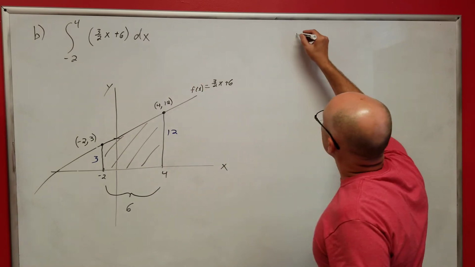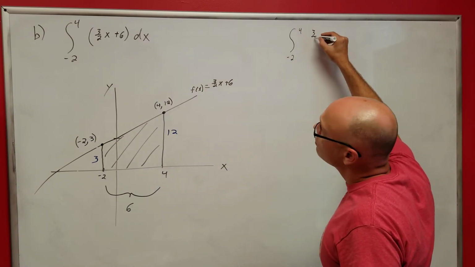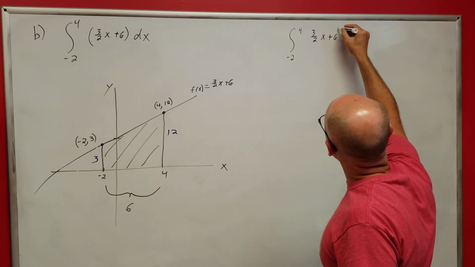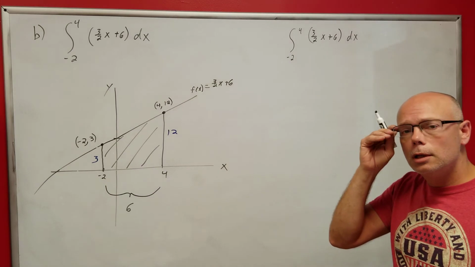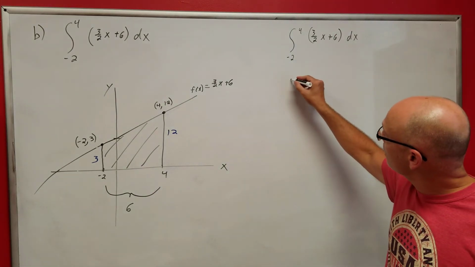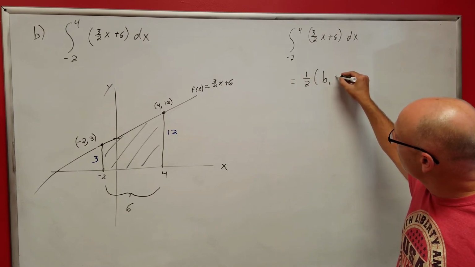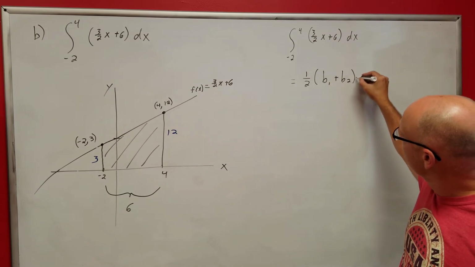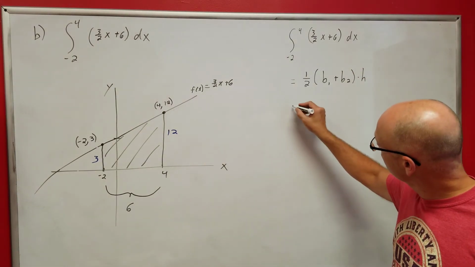So if I want to evaluate this integral from negative 2 to 4 of 3 halves x plus 6, what am I really doing in this example? Because they tell me to use a formula from geometry, I'm going to say this is equal to 1/2 times base 1 plus base 2 times height as my formula for the area of a trapezoid.